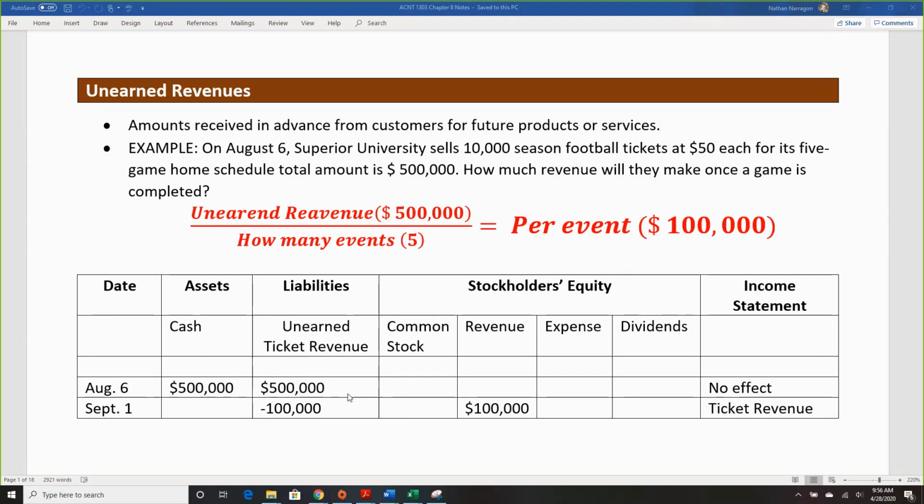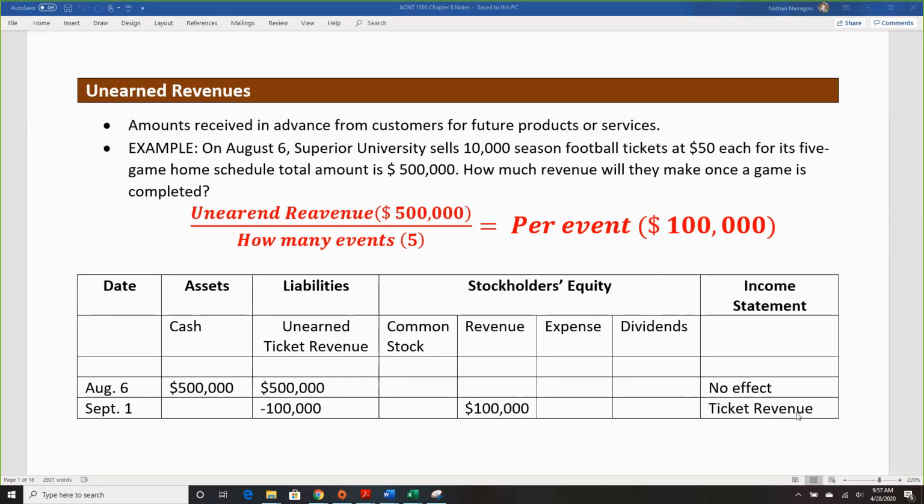Now, when we perform the job, you've completed the job or a portion of it, because this ends up happening a lot of times with construction, we'll figure out the per event, and we're going to remove it because we've completed that portion of that unearned. And now it's becoming revenue.